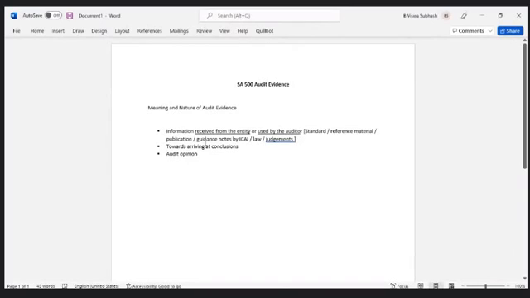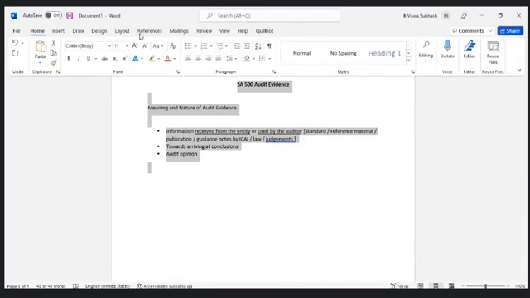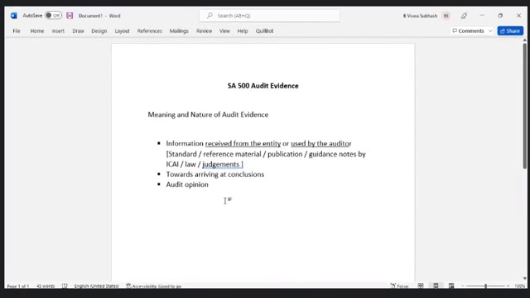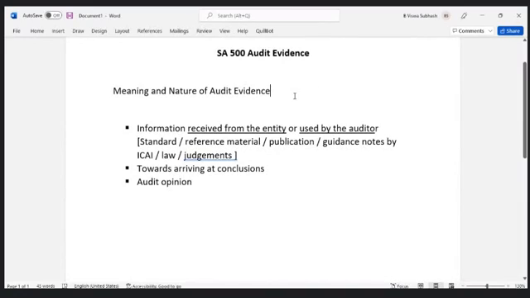It is information received from the entity or used by the auditor towards arriving at observations or conclusions for issuing an audit opinion.